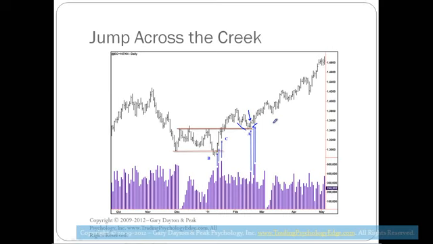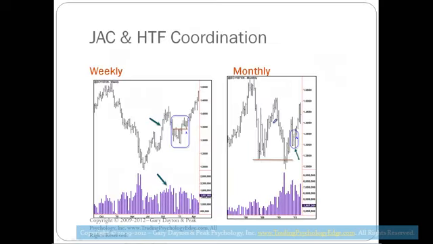Okay. Now you can coordinate this with the higher time frames, and it's a very good idea to do. I haven't talked too much about that, and I want to start to get into that now. So here's the weekly chart of the S&Ps, and we can see really good demand had come in here at the green arrow with volume increasing on that demand. And then we've pulled back, and this is something markets tend to do.